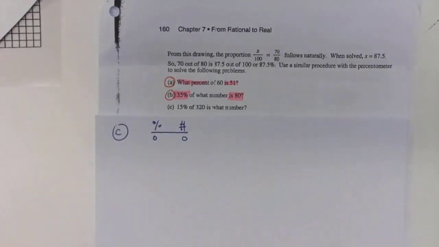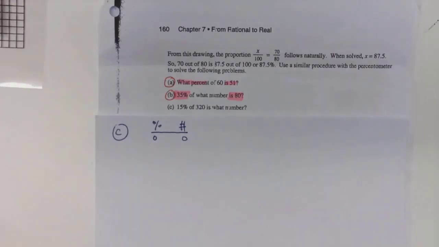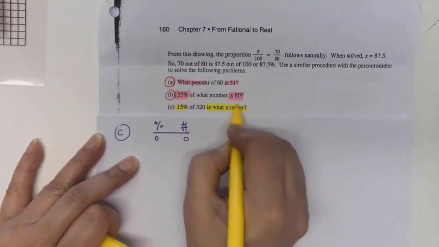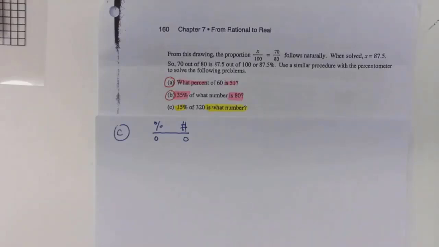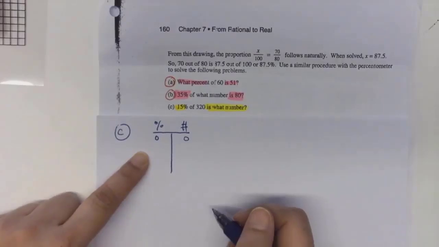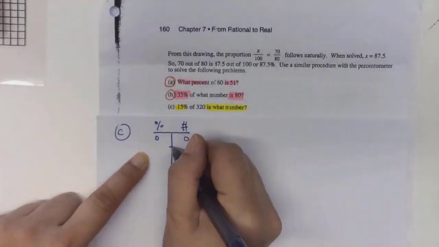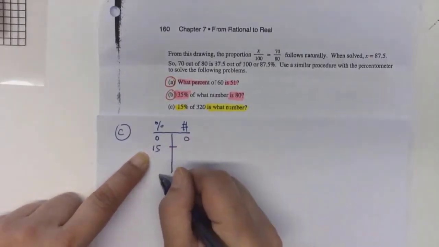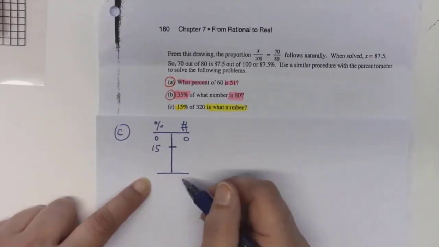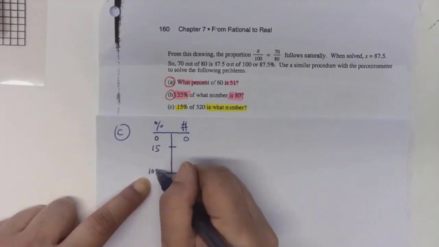They say 15% of 320 is what number? The way I read it is 15% is what number? What can I put in the percentometer? We can put down 15. So 15 is close to 0, right? And we can also put down 320 where? 100, so you know 100% for sure, right?